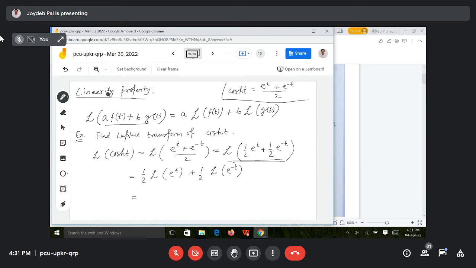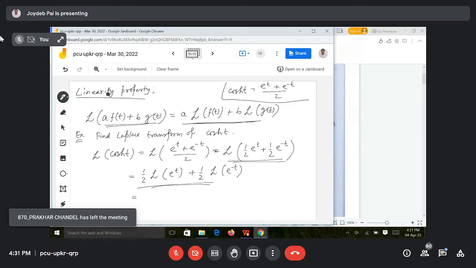So it is of the form a into f(t) plus b into g(t), where a is half, f(t) is e to the power t, b is half, g(t) is e to the power minus t. Now, if we don't know this formula, then we cannot write this. Because of the applicability of this linearity property, we are writing the last line: a into L of f(t) plus b into L of g(t). So 1 by 2 into L of e to the power t plus 1 by 2 into L of e to the power minus t.